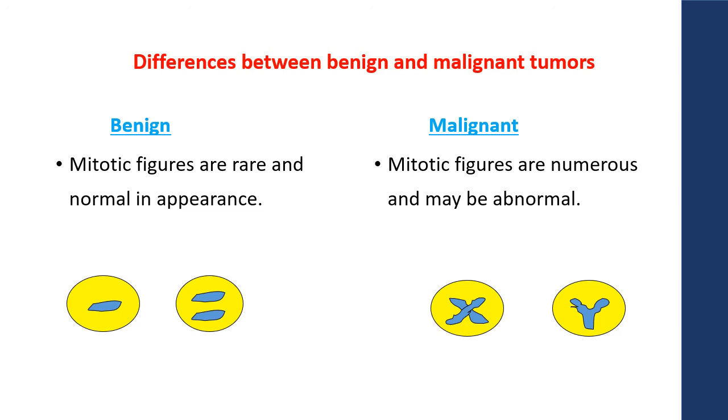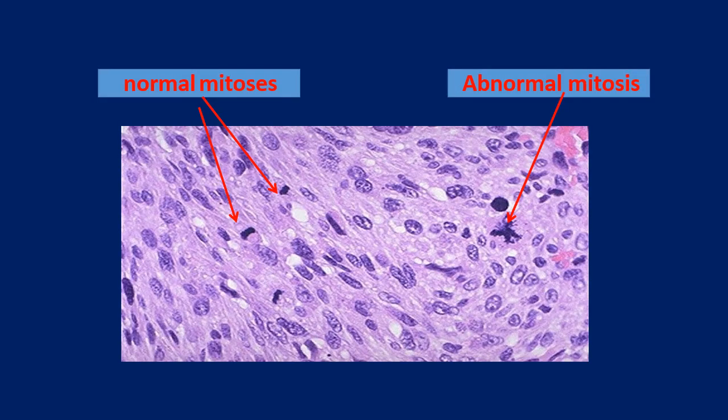On the left side you can see the normal mitosis, but on the right, it is abnormal, and may produce X-shaped or Y-shaped abnormal mitosis. Here in this photo, the normal mitosis is on the left, while X-shaped or multiple arms of the chromosomes we call abnormal mitosis.